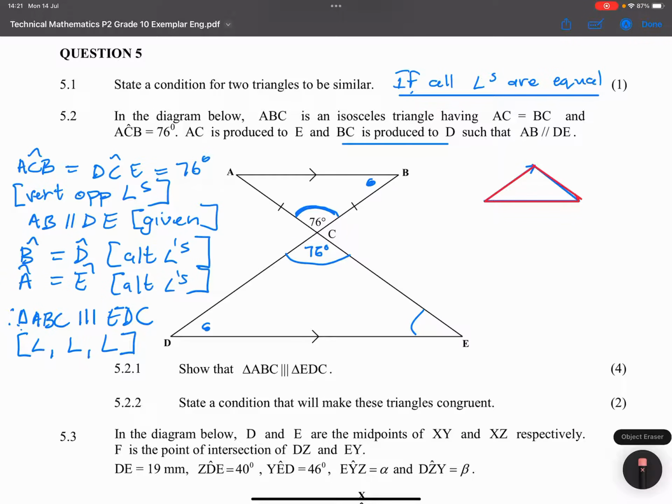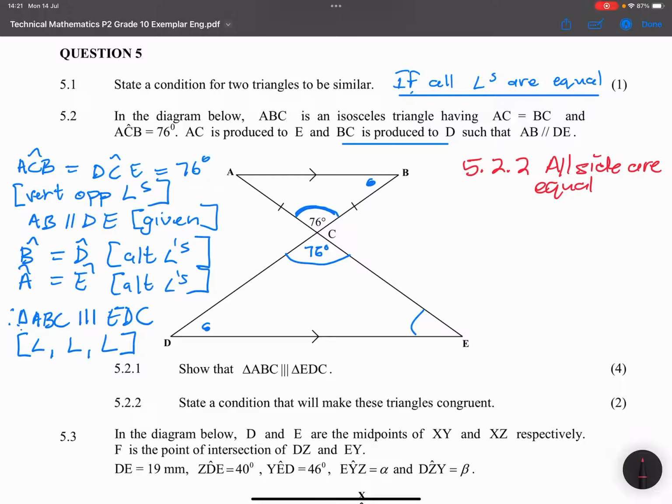Now, there are conditions for congruency, and one of the conditions is that all sides must be equal. So for 5.2.2, all sides are equal.